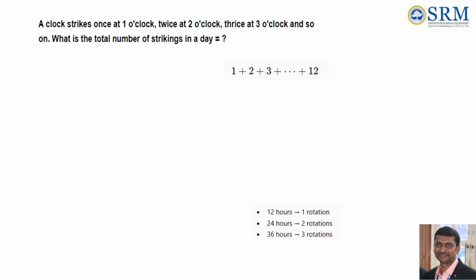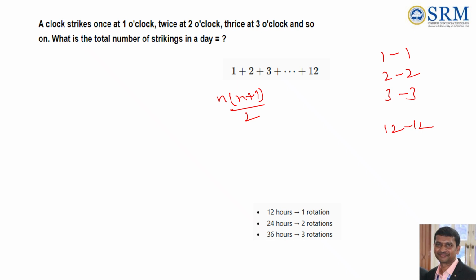Now, a clock strikes once at 1 o'clock, twice at 2 o'clock, three times at 3 o'clock. Like that, at 12 o'clock, 12 rings. Per day, how many times will it ring? 1 plus 2 plus 3 up to 12. The sum of the natural numbers is n into n plus 1 by 2.